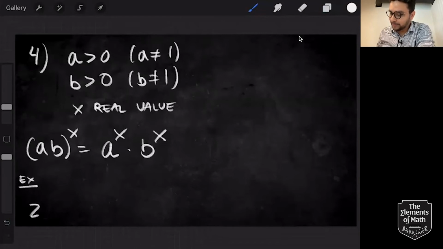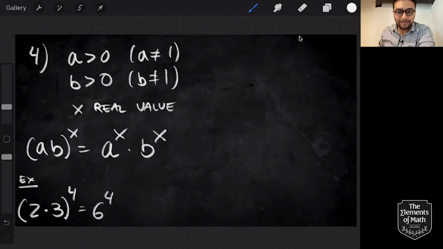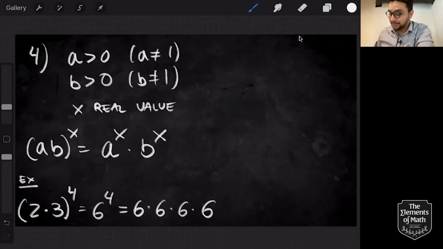Think you have 2 times 3 to the power 4. 2 times 3 is 6, so you have 6 to the power 4. 6 to the power 4, you have to multiply 6 by itself 4 times. But 6 again is 2 times 3.